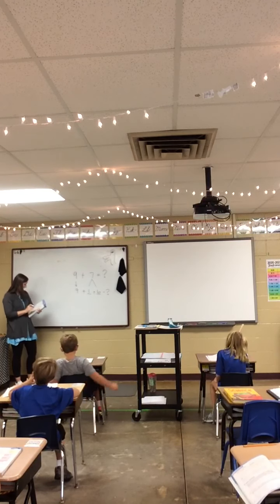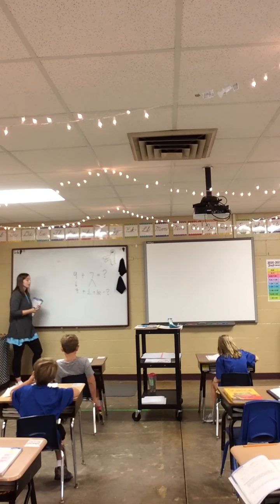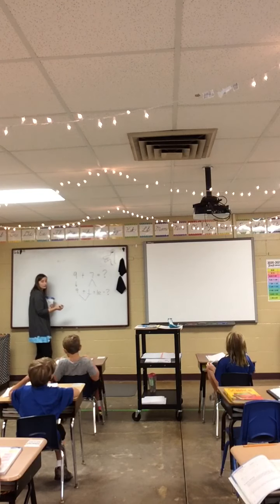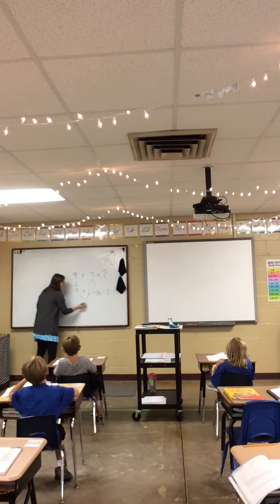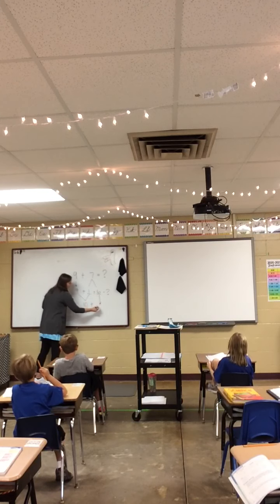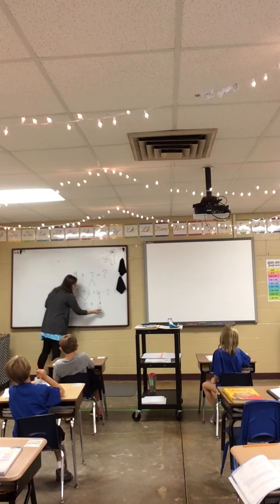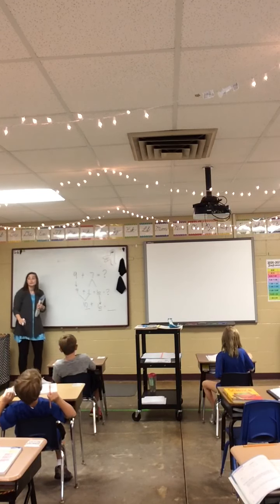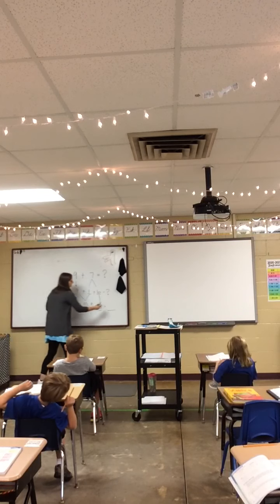So we've broken it down. So now we're going to take these two numbers, and 9 plus 1 equals what? 10. So now we're going to have 10 plus, and we can't forget this 6, right? 10 plus 6, and that equals what? 16.